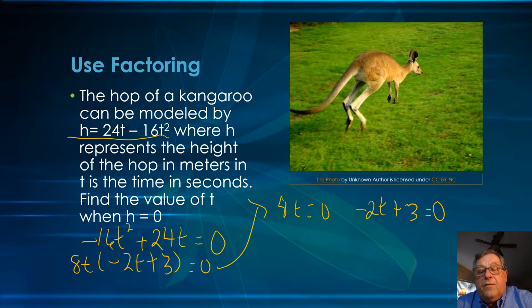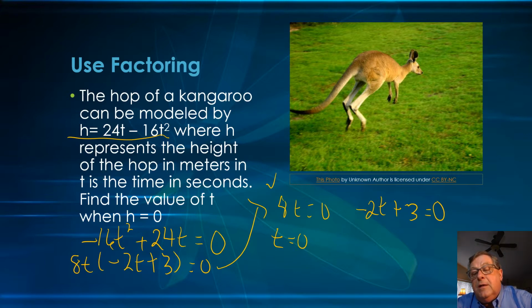Well, if we divide both sides by 8, then I've got 0 divided by 8, which of course is just 0. t is equal to 0. Well, that makes sense. When the kangaroo starts to hop, we've got 0 seconds have gone by, and the kangaroo's on the ground before it hops.